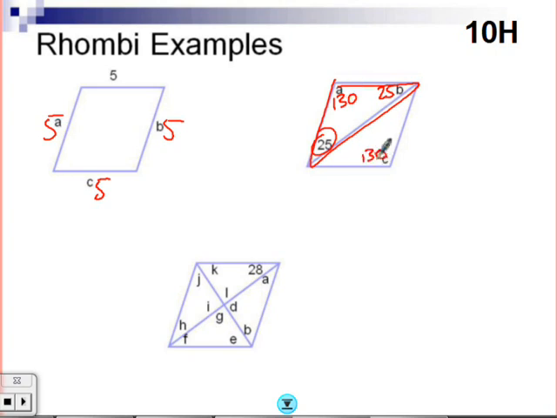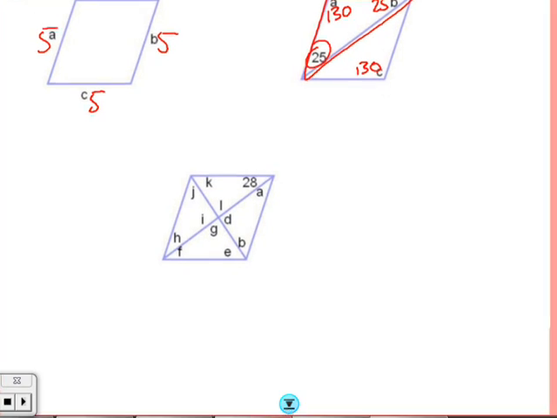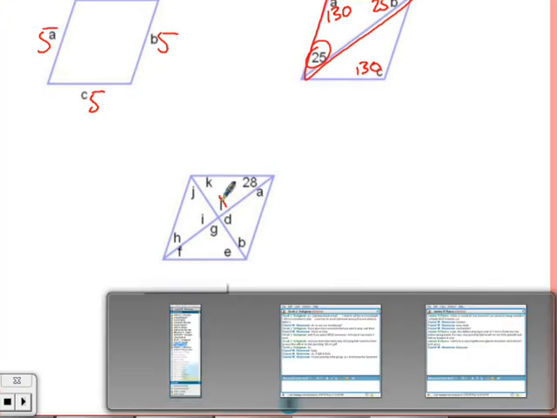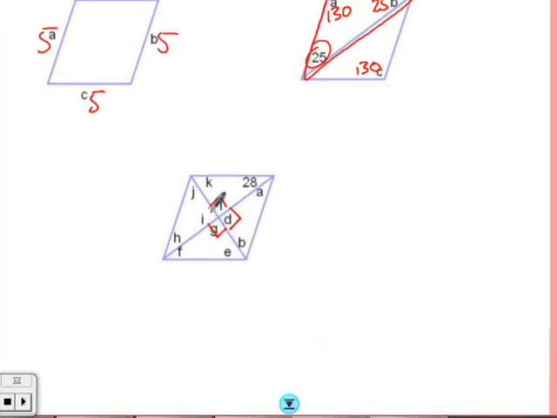So C is 130. Down here at the bottom, you know, L, D, G, and I, those are all 90. Once you have this is 28, well that's 28 because we have 4 congruent right triangles. So those are all 28. 90 minus 28 leaves us with 62. So 62, 62, 62, and 62. Easy enough.